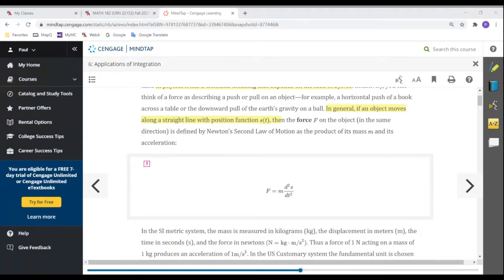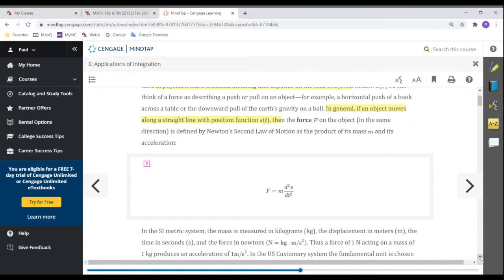The first derivative of position is velocity, and then the derivative of velocity is acceleration. So the second derivative of position is acceleration. So formula 1 says that force equals mass times acceleration.